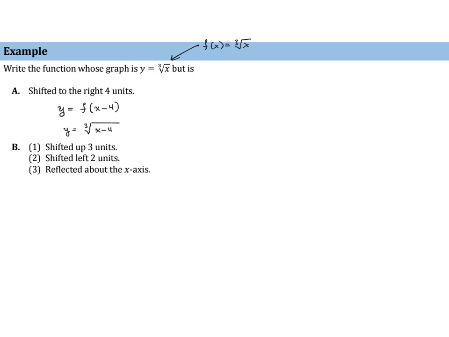Now the next one is much more intense. Here we have 3 transformations, and they're not in the order we would typically expect. So let's go ahead and graph the function using their sequence of transformations, and we will adapt that graph to our sequence. So we're going to take the cube root of x, we're going to shift it up 3.